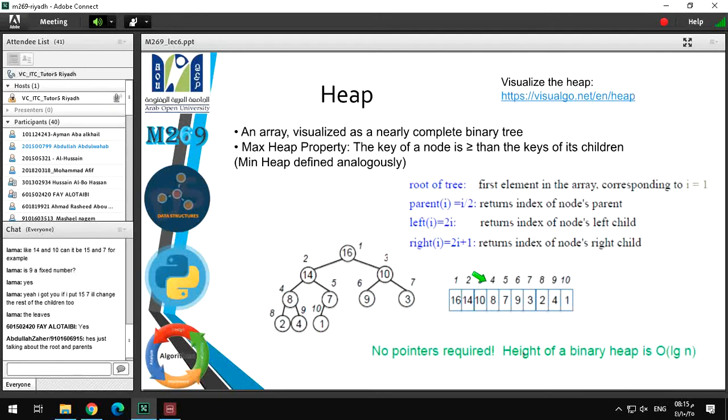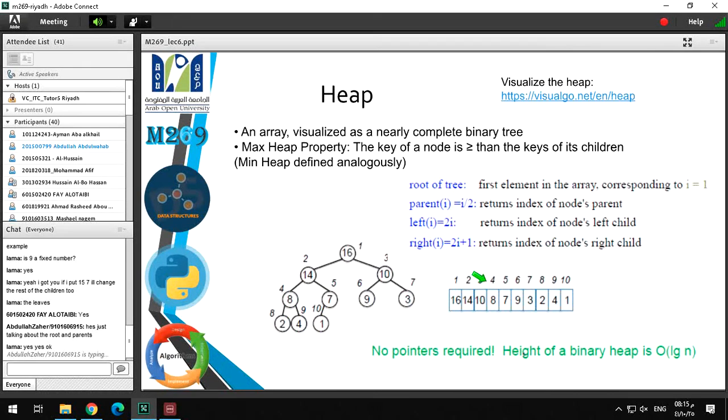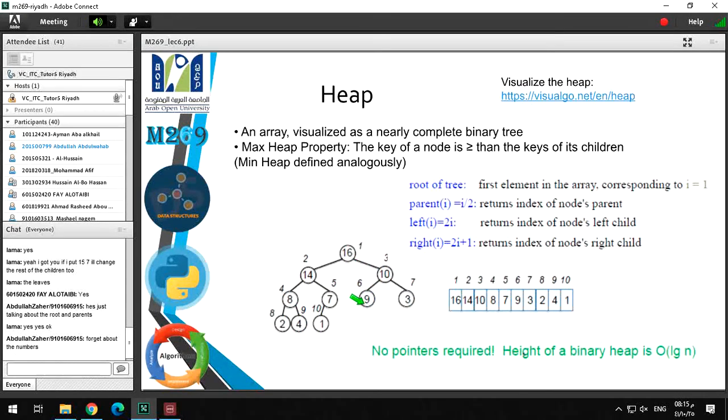Yeah, of course. We will come to this point, Lama. We will come to the point. No, also Abdullah. Even if at some point you have 7 here, 9 here, 3 here, then this is a violation.